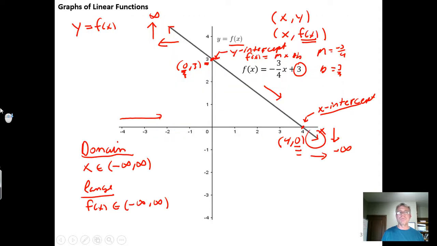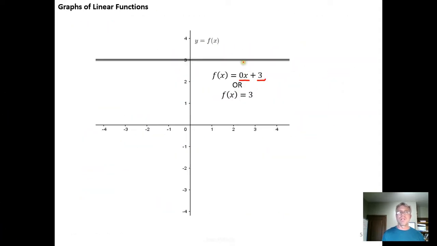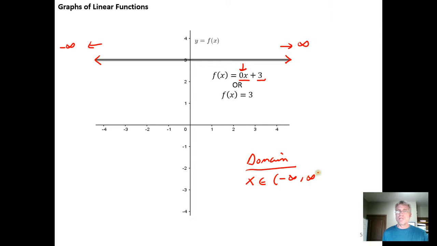Well, this is a case where the slope happens to be 0 right here. So what we see, if we tag our arrows onto our linear function, is that the x values are going from negative infinity to positive infinity. So the domain in this case is still x running from negative infinity to infinity.